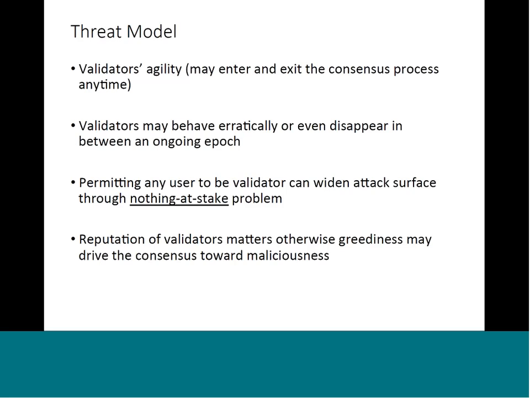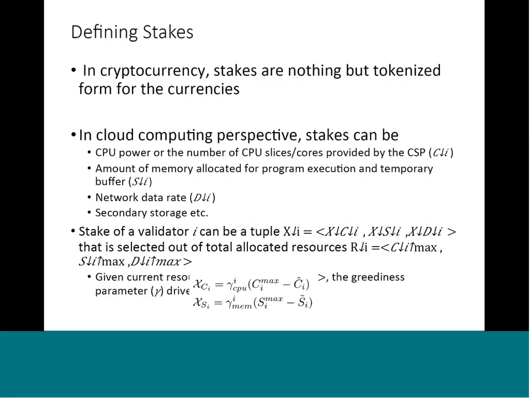Because if there is a reward attached to anything, you could bet that there are nodes who would be gaming towards improving their rewards. So how do you make sure it's fair and the probability of manipulating the process is minimal?